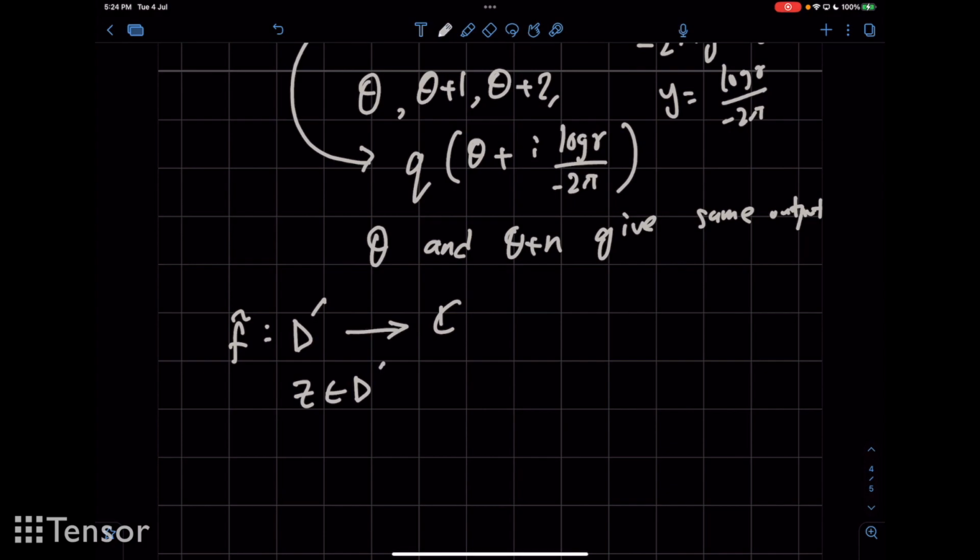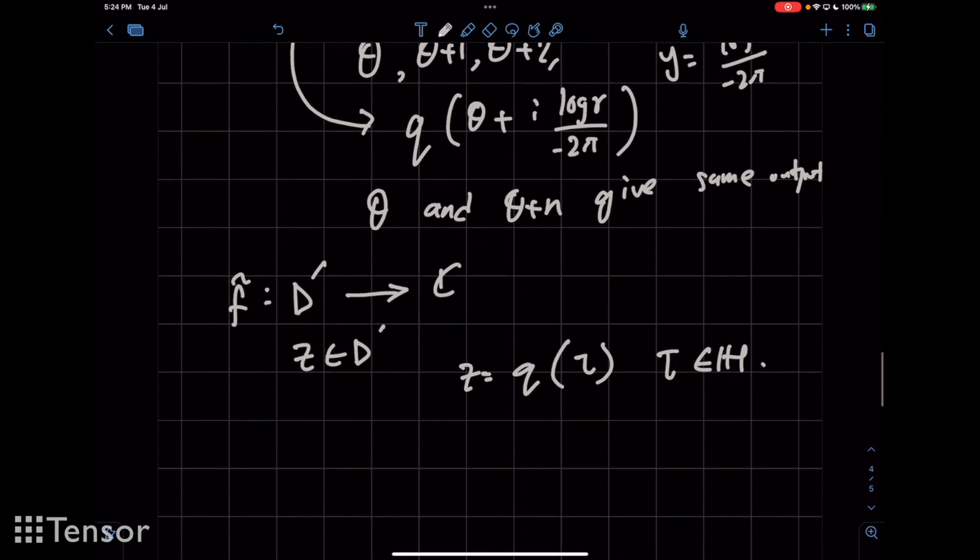Then we know that z is equal to q of tau for some tau in the upper half plane, since q is a surjective map. Then we define f tilde of z to be f of tau.